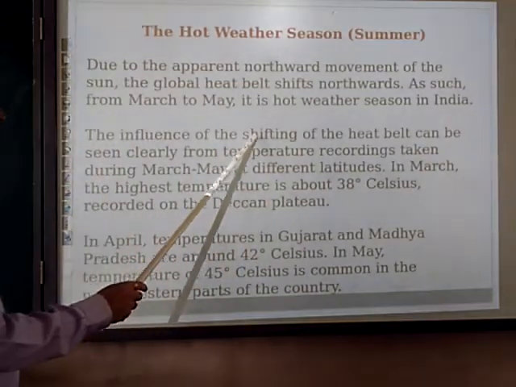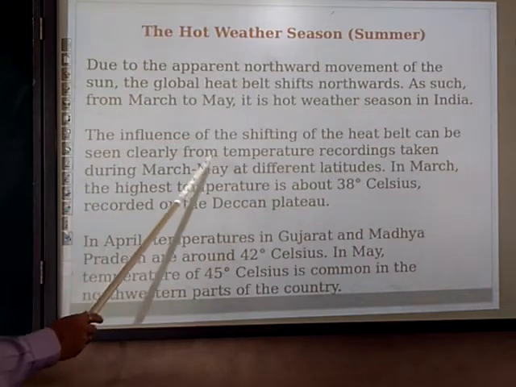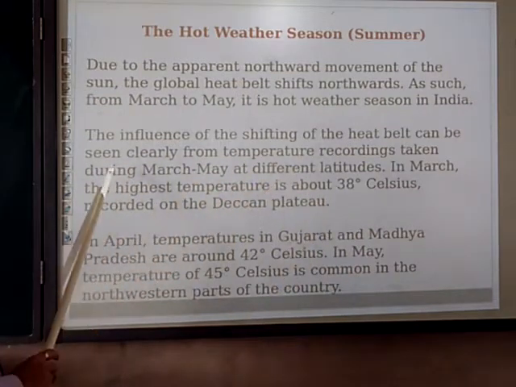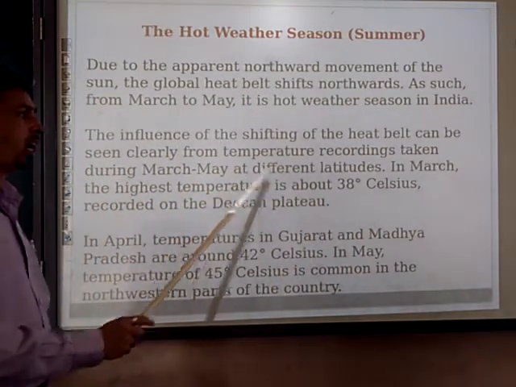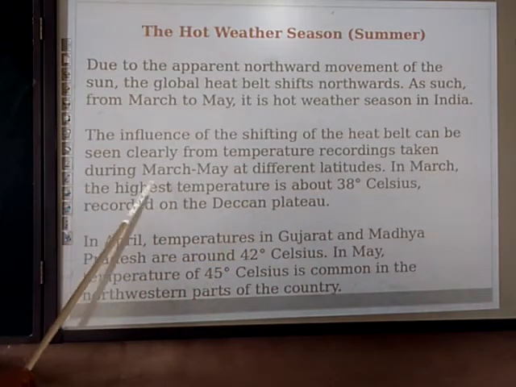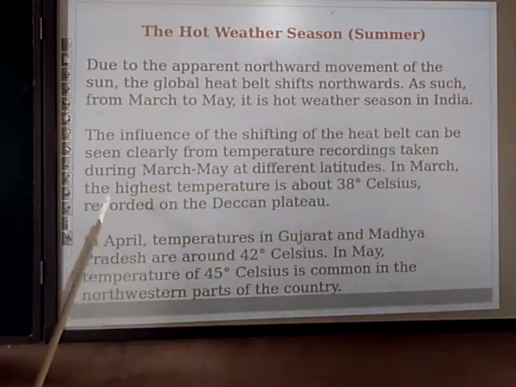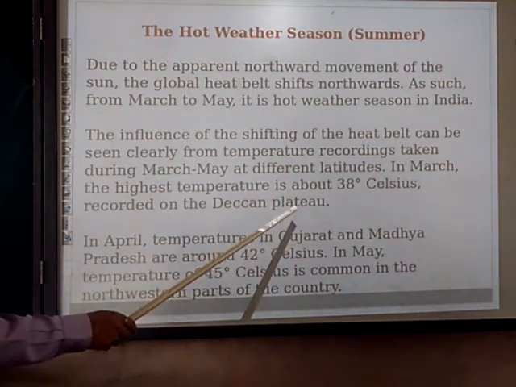The influence of the shift of the heat belt can be seen clearly from the temperature recordings between March and May at different latitudes. In March, the highest temperature is about 38 degrees Celsius, recorded on the Deccan Plateau.